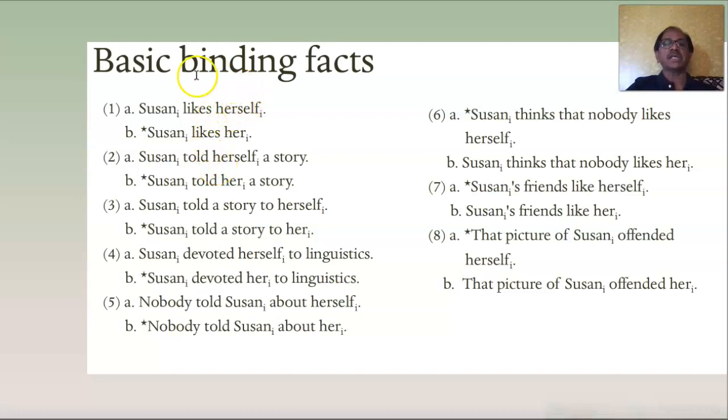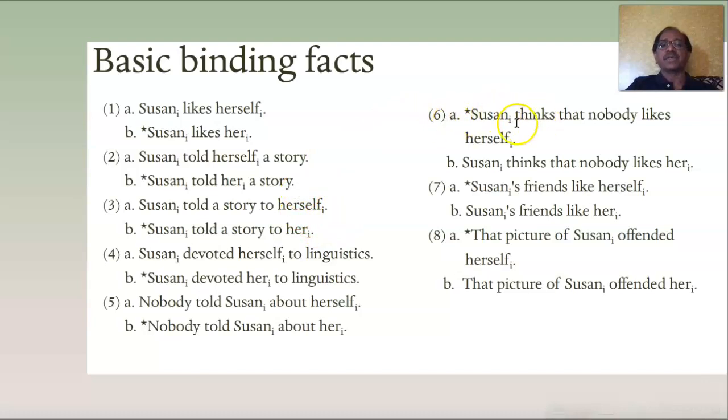In fact, you cannot say herself likes Susan, which is ungrammatical, because the antecedent should precede the reflexive. So what we understand from here is that the antecedent which is co-indexed with the reflexive should precede the reflexive, though both of them are arguments of the same verb.